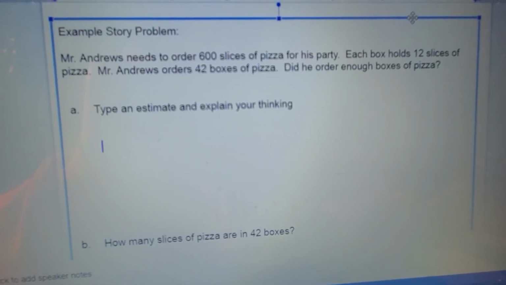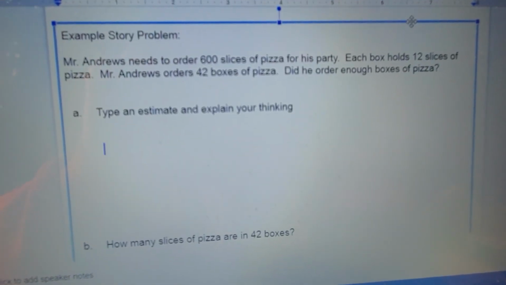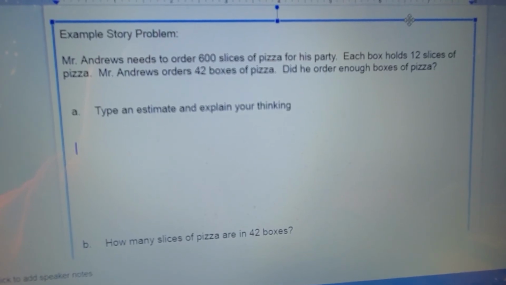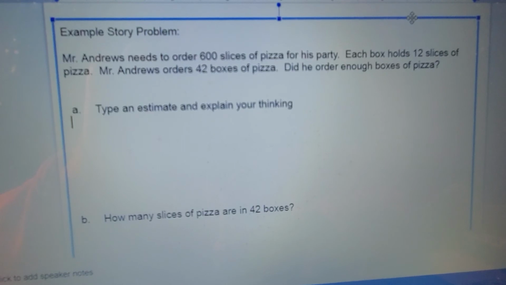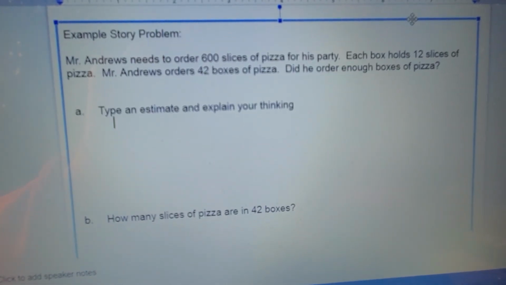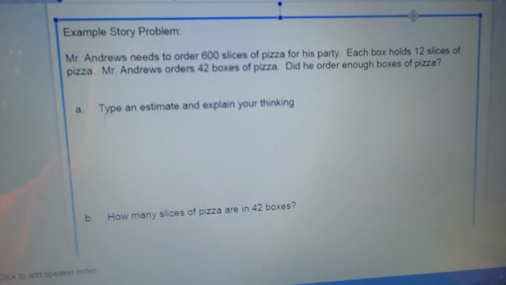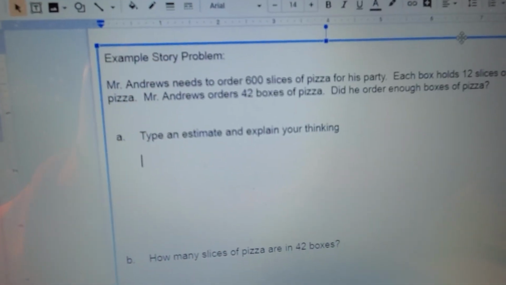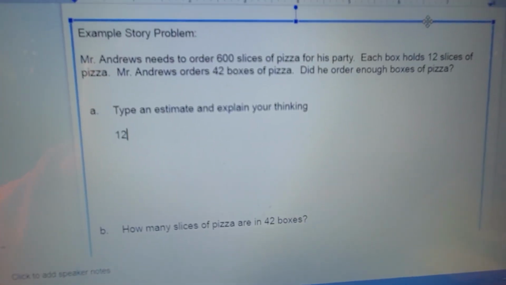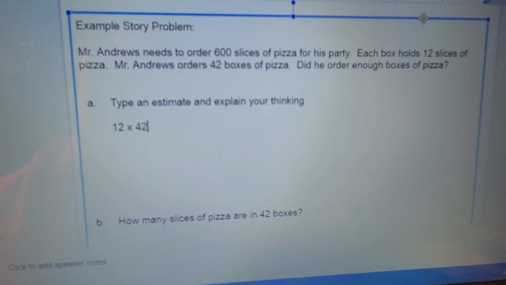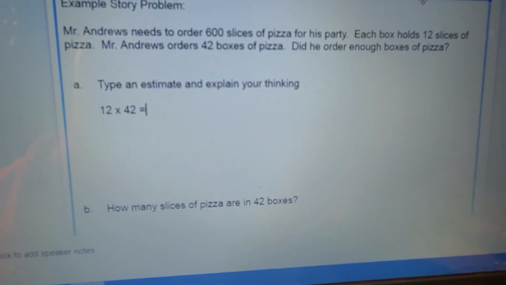So if I were to round 12, and sometimes this helps also, if I type my original equation here, 12 times 42 equals, then I estimate.